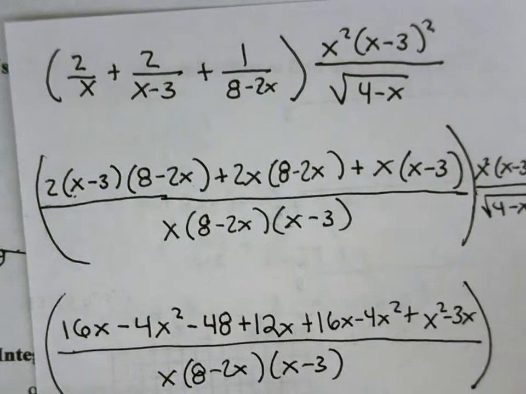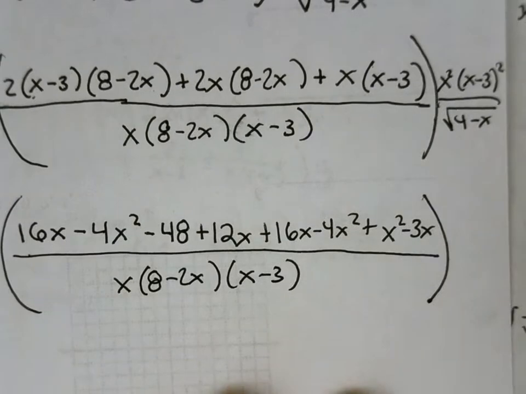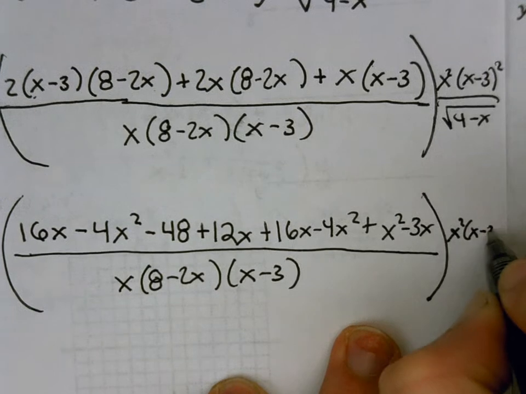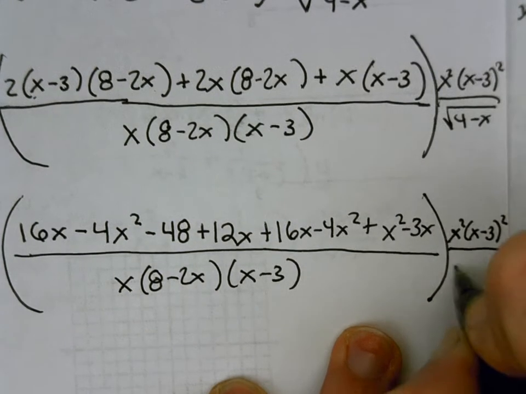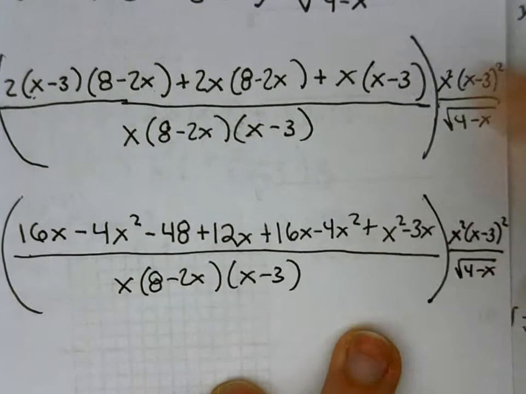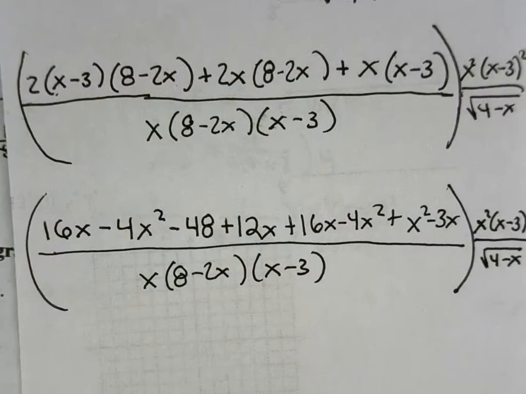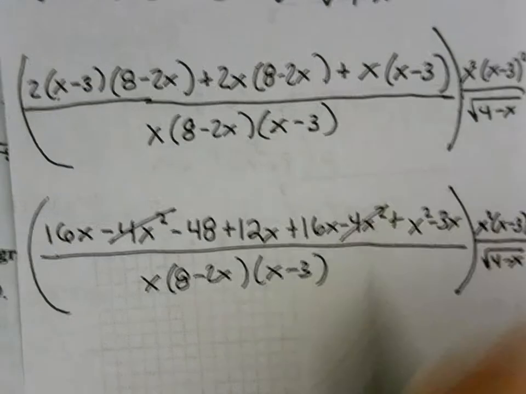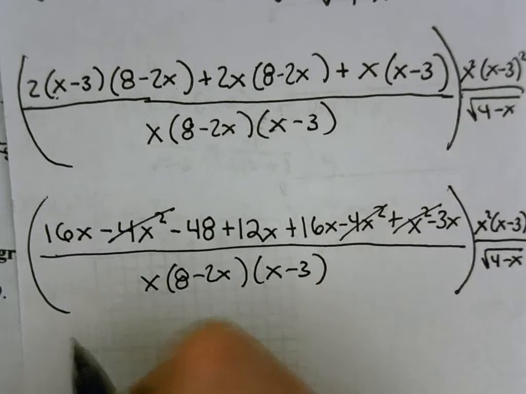And still all times y. So then combining like terms, we have our negative 4x squared, negative 8x squared, negative 7x squared.